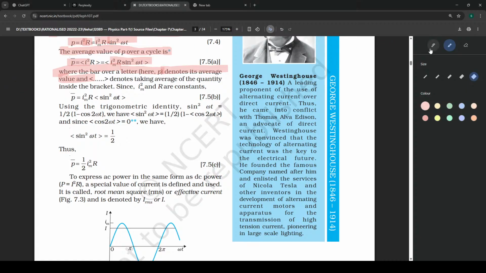This bar here represents that it is an average value.